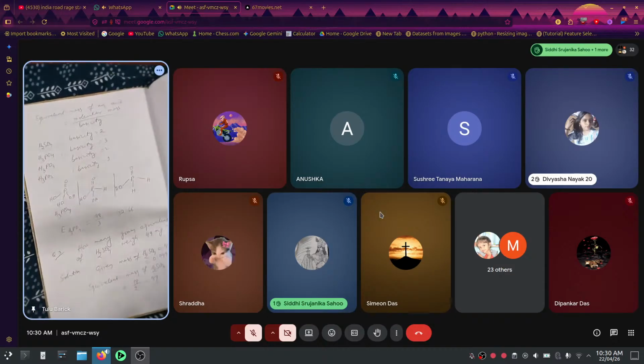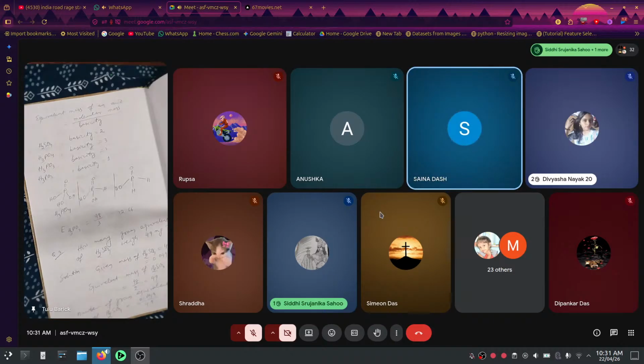So the number of gram equivalents of sulfuric acid H2SO4 is equal to given mass, 0.049, divided by 49, which is 0.001. You got it like this. Yes, sir. Okay.